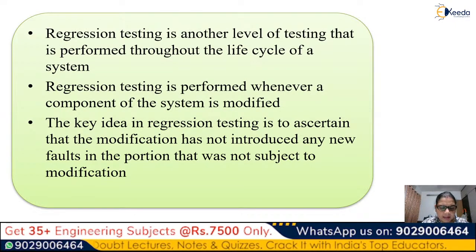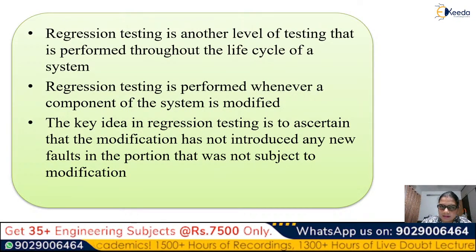The key idea in regression testing is to ascertain that the modification has not introduced any faults. See, what happens is that module A, for example, is the addition of two numbers. But later, I found a fault, but that portion was not modified.